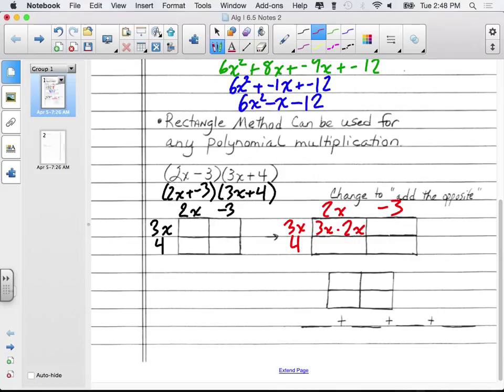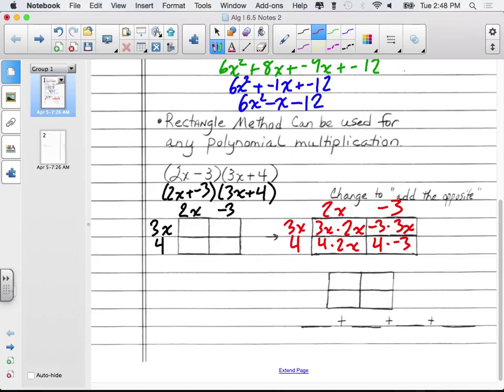And what do you guys think is going to go in this top right box? -3 times 3x. And then just fill in the rest of your rectangle. So much math.